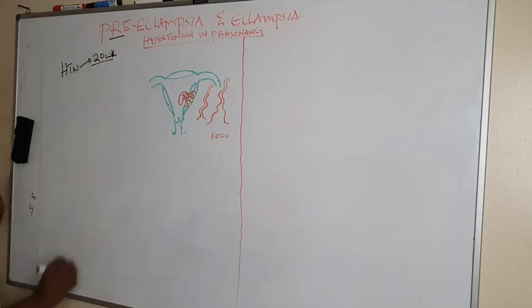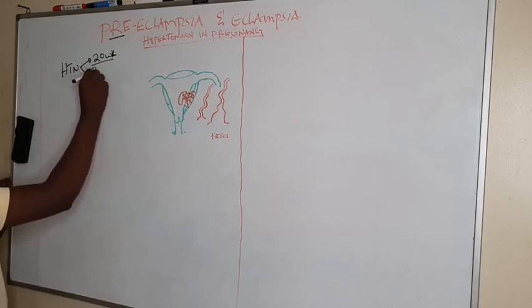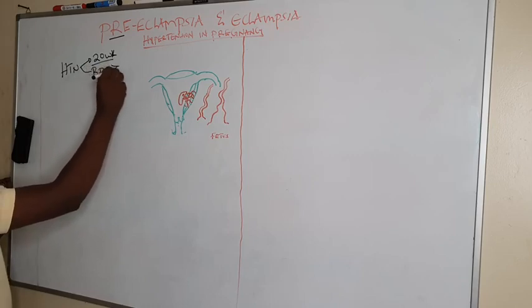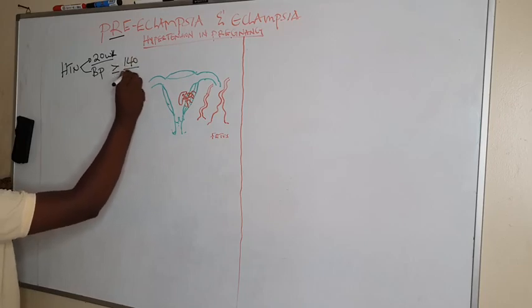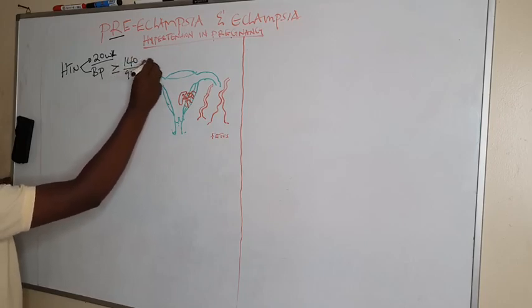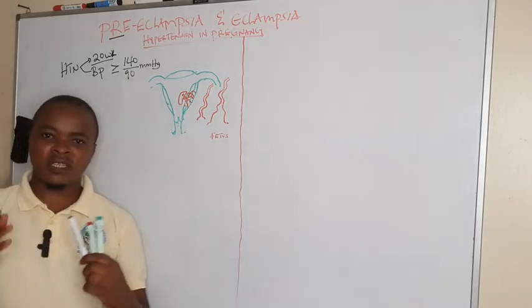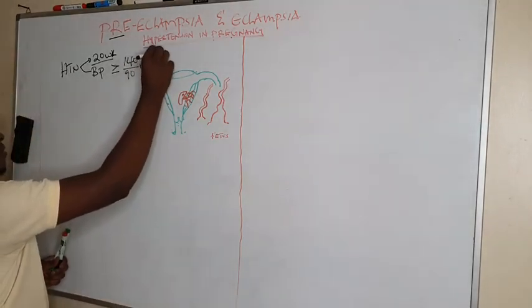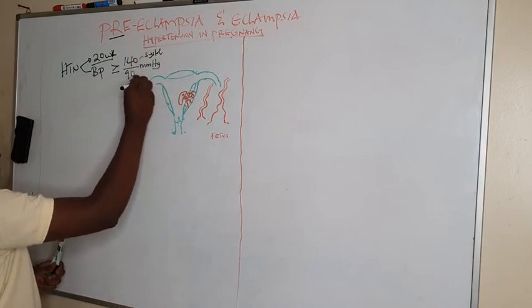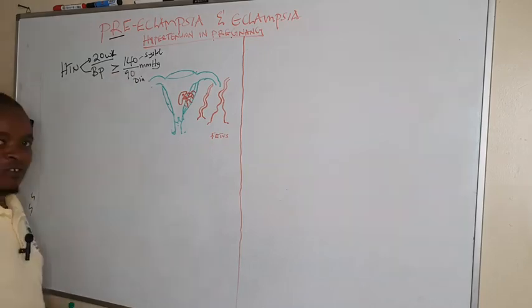So if you're a pregnant mother, after 20 weeks after getting fertilized, you get blood pressure greater than 140 over 90 millimeters of mercury. So blood pressure greater than 140, that is systolic, then diastolic greater or equal to 90 millimeters of mercury.